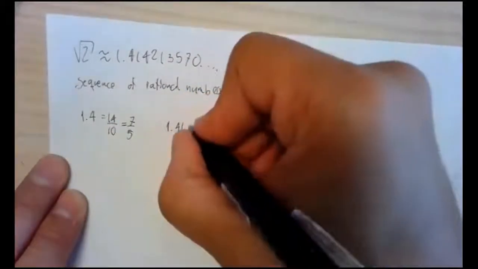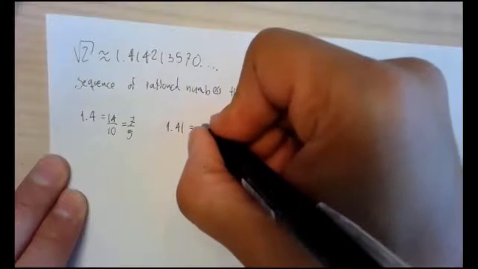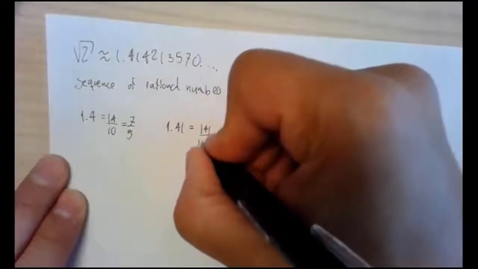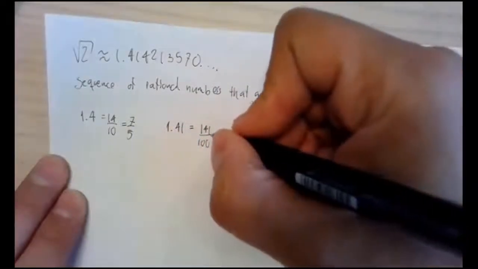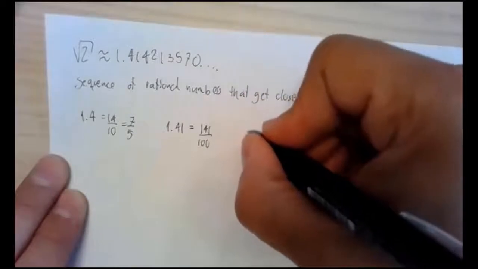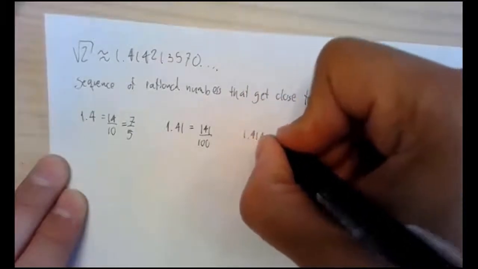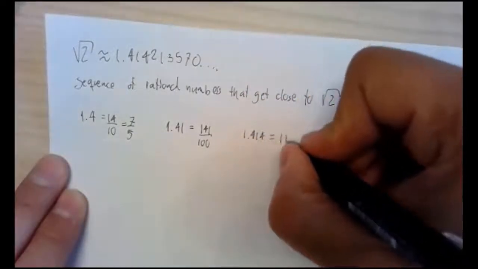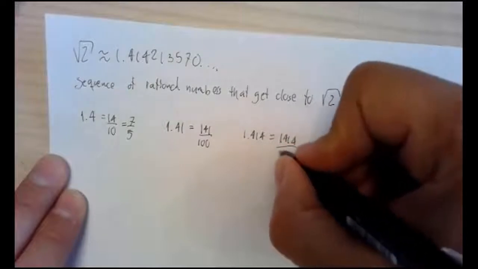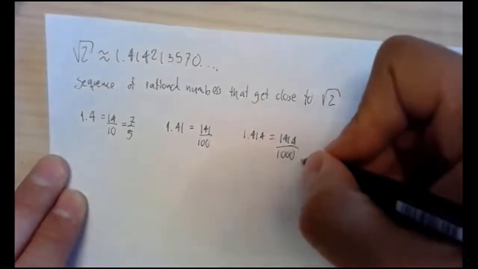Then go 1.41, right? And that's, what's that? That's 141 over 100. And I think that's already simplified. Then go 1.414. And that's 1414 over 1000, right?